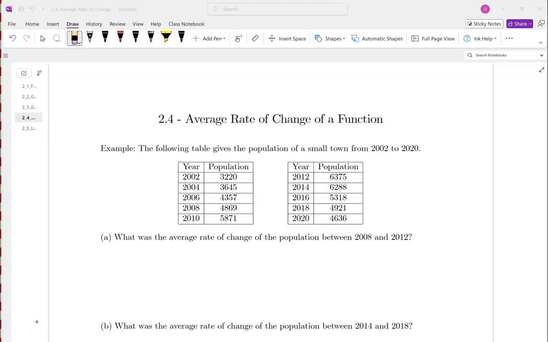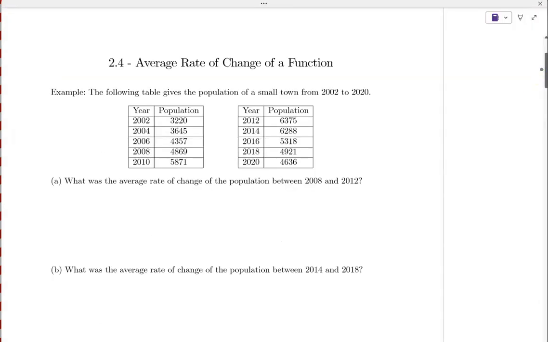Remind me again what net change means. Yeah, so it would be the difference between where you ended up and where you started, right? That's the net change. So let's look at this first problem here. We're asked for average rate of change.